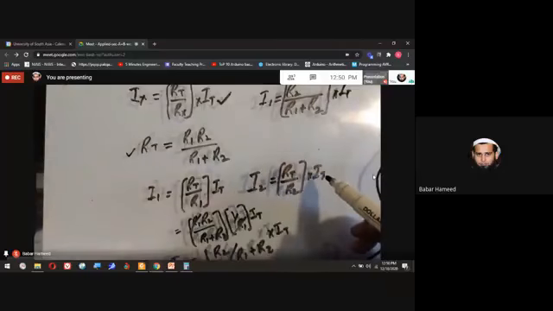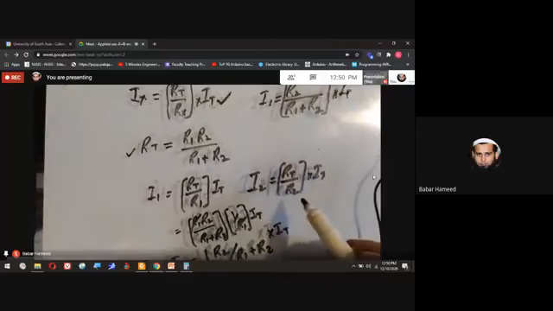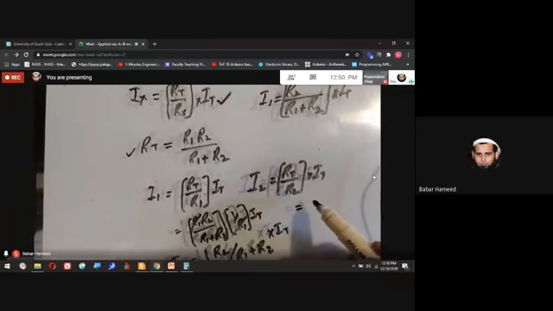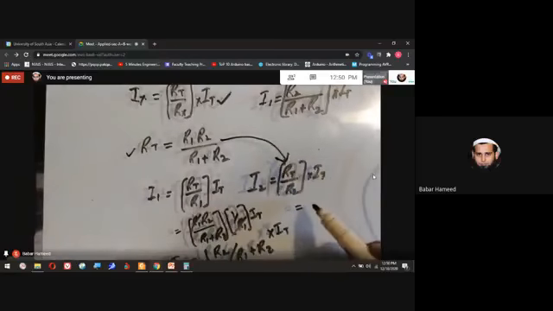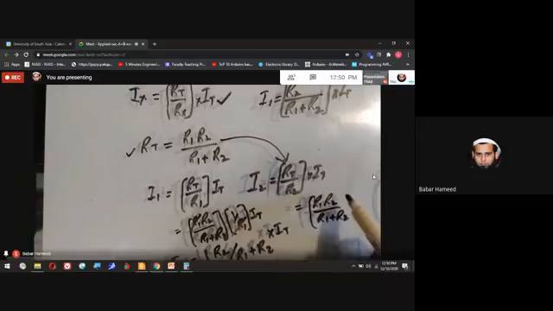And if I use the same reasoning for I2, let's have a look. Put the value of RT: R1 R2 over R1 plus R2, times IT over R2.